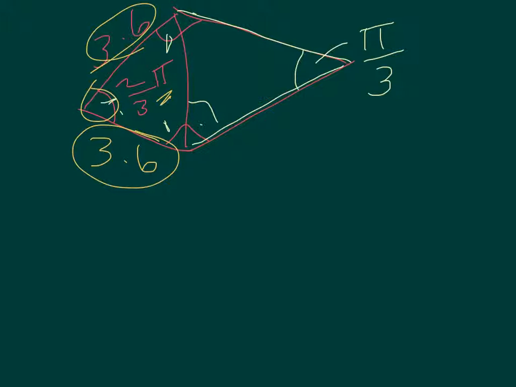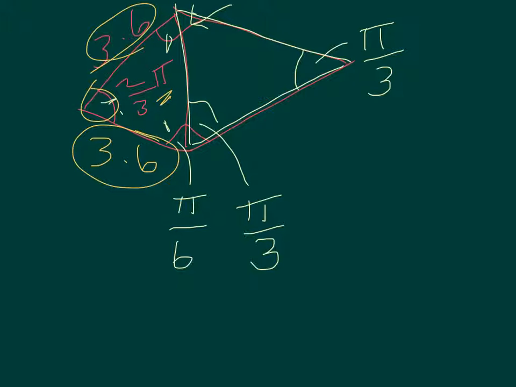So there's only 1/3 of a pi left, so there must be half of that, so each one of these angles is pi over 6. Same for the one at the top. For them to add together to give me pi over 2, that leaves this being, lo and behold, pi over 3. And same for this top one. That means you've got an equilateral triangle, because all the angles are the same and the lengths are all the same.